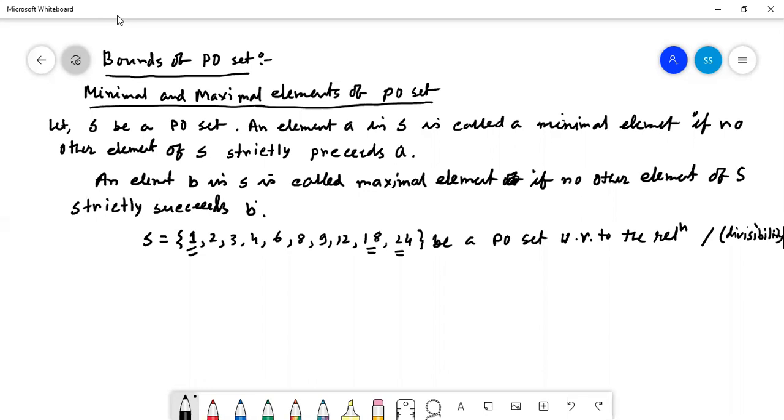For the next day, we are going for examples of this POSET and we are starting lattices. For one class, it will be over POSET and lattice. Then this module will be over and Boolean algebra is next.